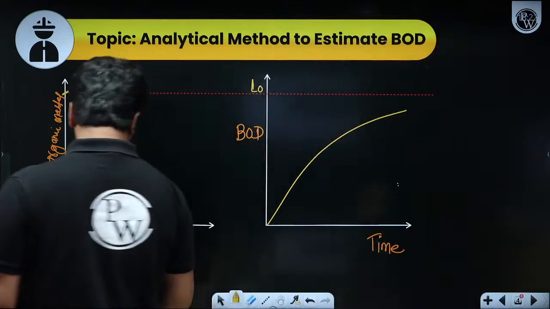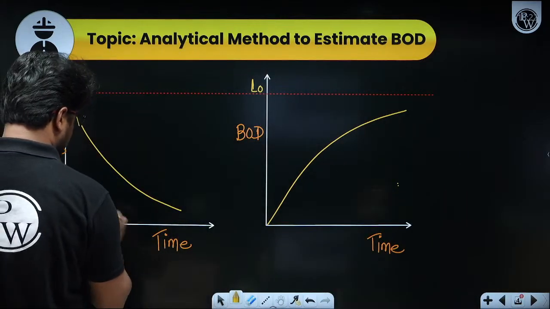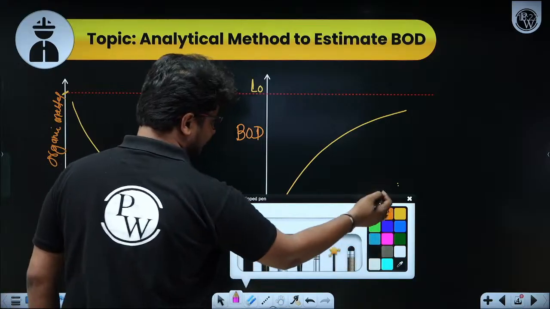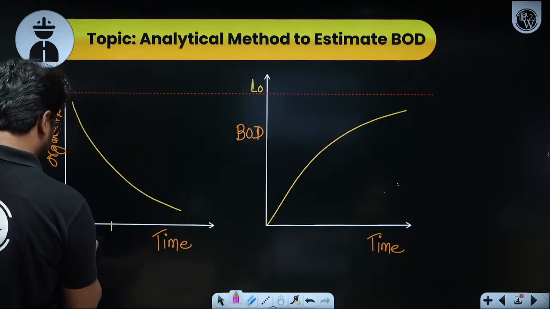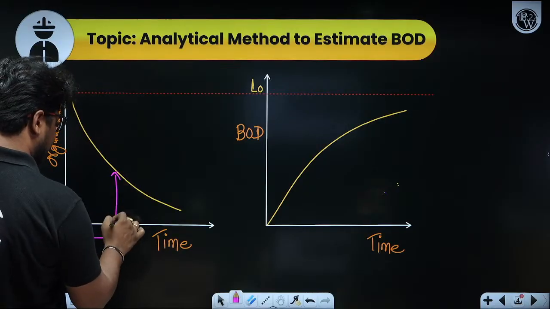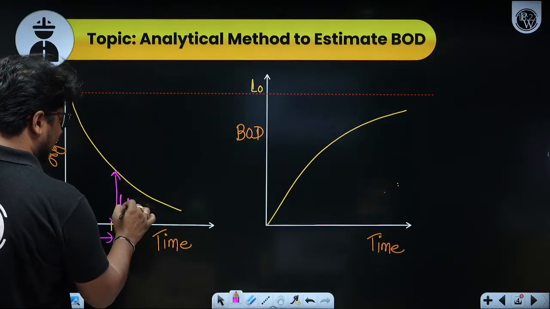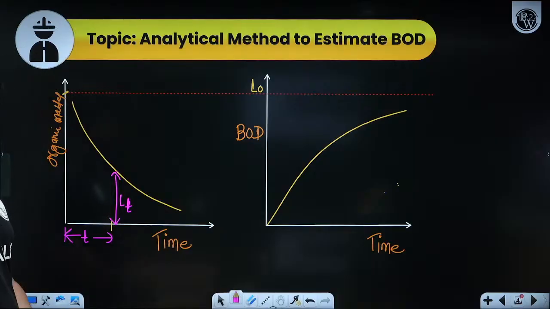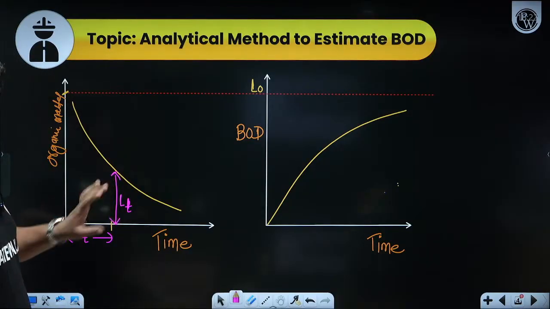Now, at any particular time, let's say you are talking about time t. After time t, this is the Lt which is remaining for you. This is the organic matter which is remaining.